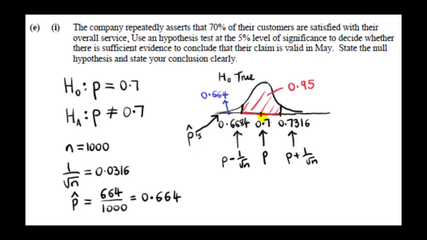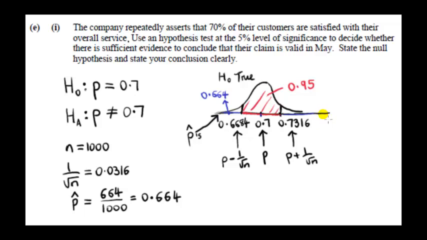Okay, it's still possible that the population proportion is equal to 0.7, and we just happen to pick one of the 5% of samples whose values lie outside this region. So 95% of them lie between 0.6684 and 0.7316, and the remaining 5% are either less than 0.6684 or greater than 0.7316.